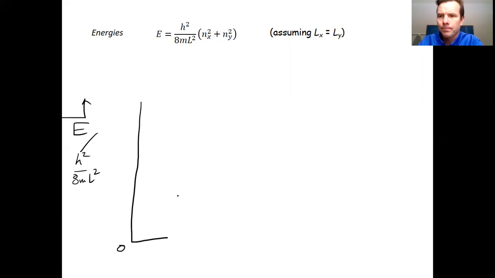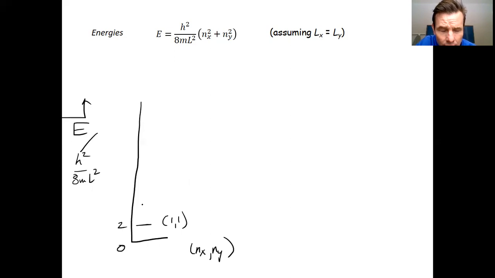There's 0. And what we're going to start looking at are different nx, ny combinations which produce energy levels. The lowest energy level would be 1, 1. And that would give me 2 of those energy units.